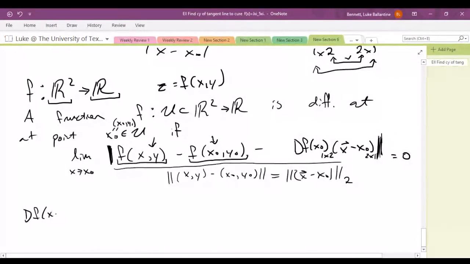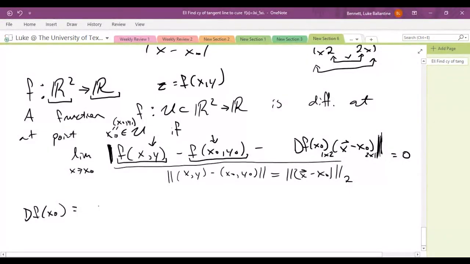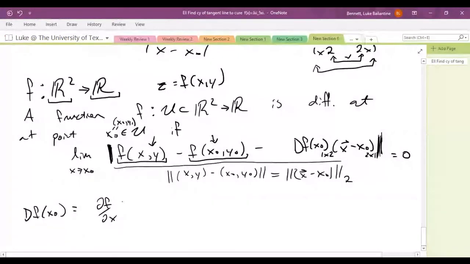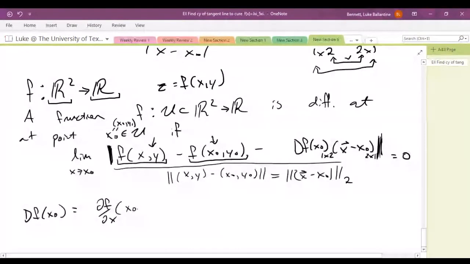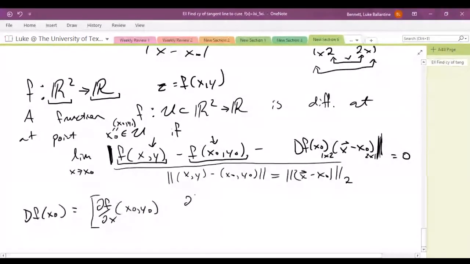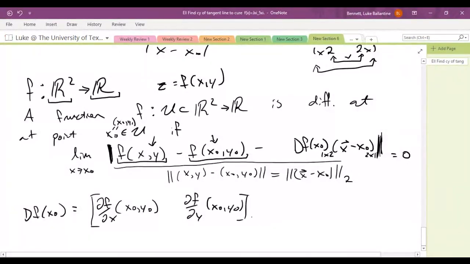D of f at x naught is equal to the partial of f with respect to x of x naught y naught, the partial of f with respect to y of x naught y naught, which is 1 by 2.